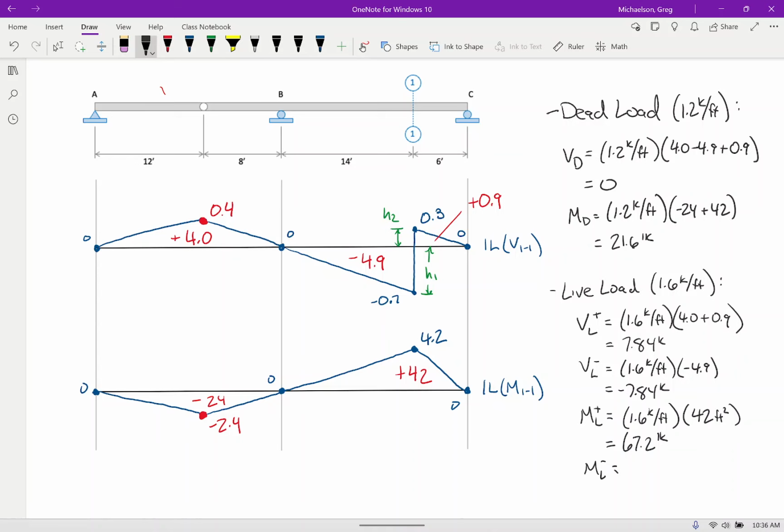So what is ML negative going to be? 1.6 times -25. Okay, and what is that? Negative 38.4.